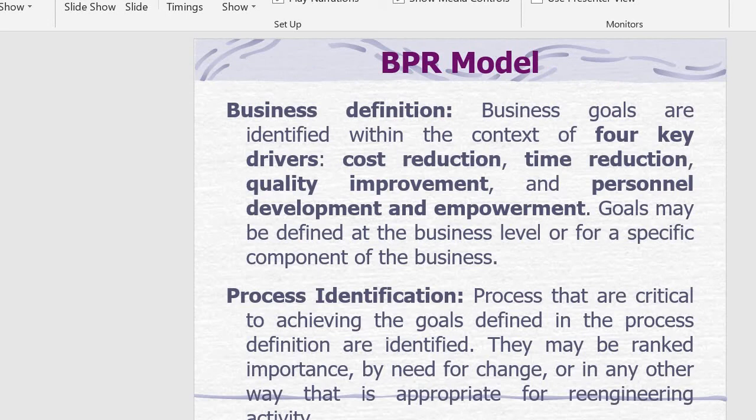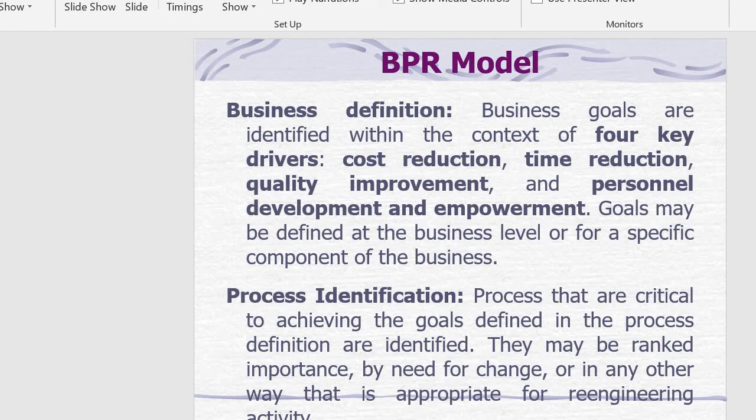So if you look at the business definition, the business goals are identified within the context of 4 key drivers. These key drivers are cost reduction, time reduction, quality improvement, and personal development and empowerment. So goals may be defined, or you can say specified, at the business level or for a specific component of the business.